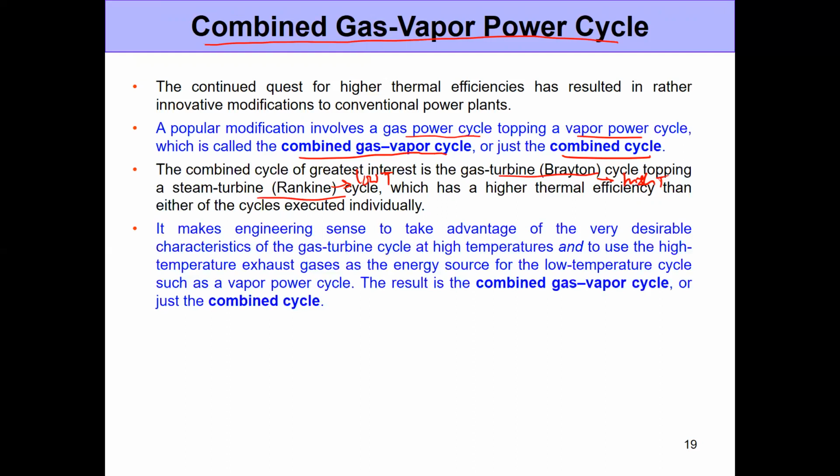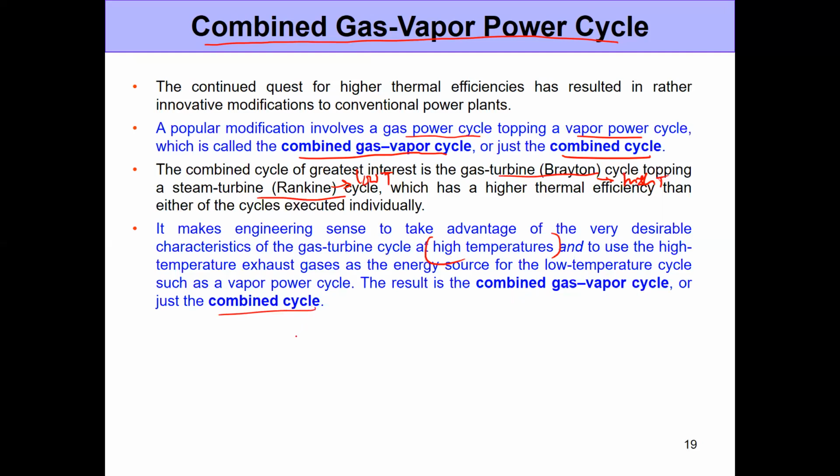Now, it makes a lot of engineering sense, if you think about it, to take advantage of the high temperature that you have at the exhaust of the gas turbine and to use it to take care of some of the heating requirements of the steam power cycle, or the vapor power cycle. And this is basically what is done in the combined cycle, as we will see in a bit.